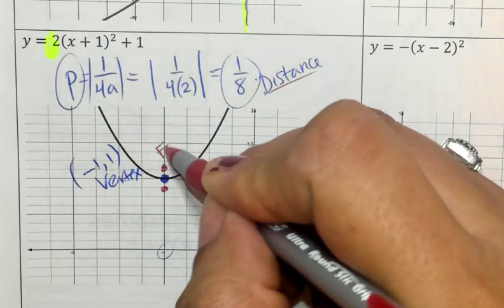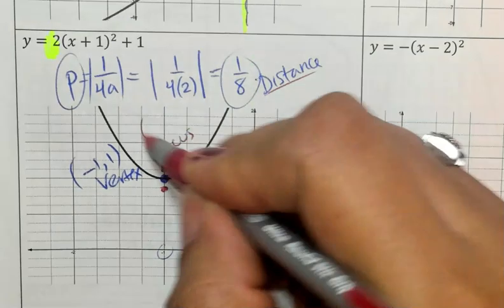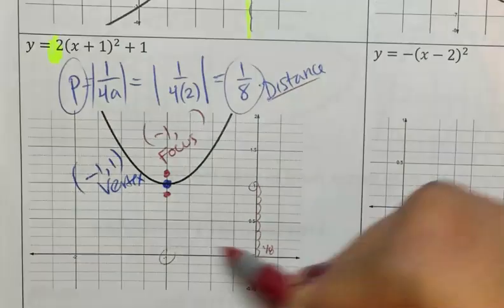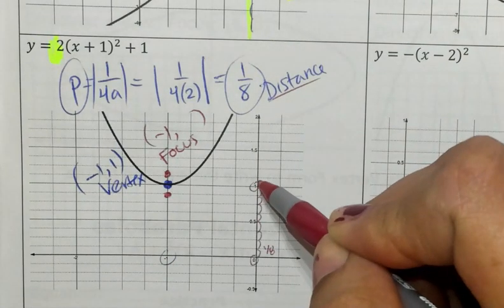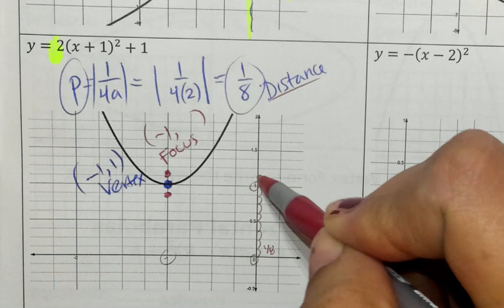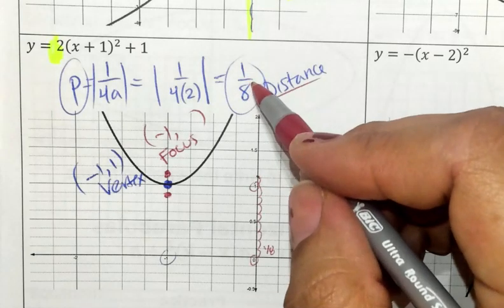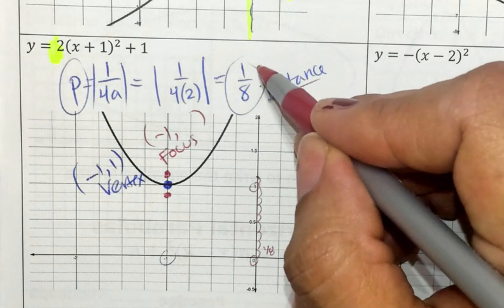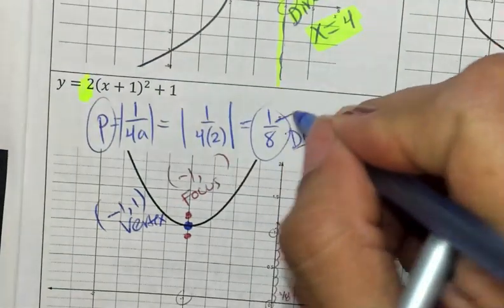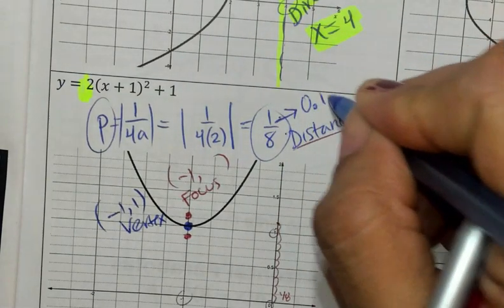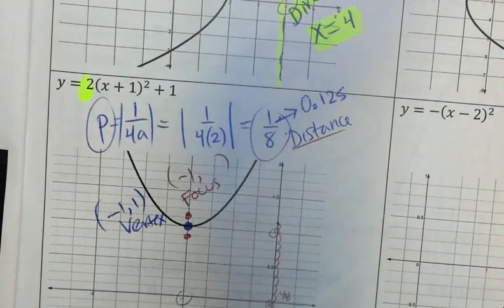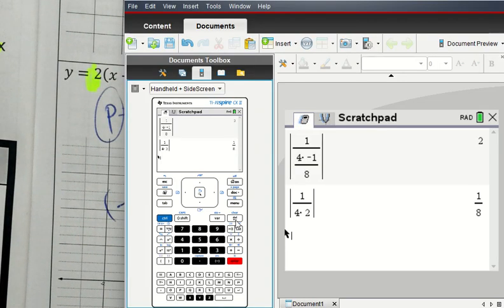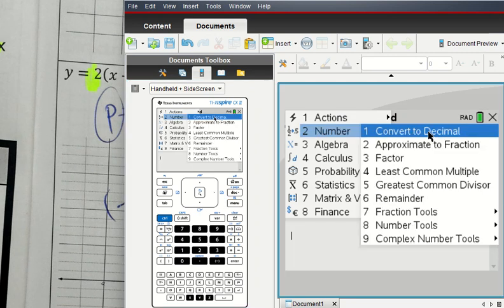So that means that the focus will be this point. Your x value is -1 and your y value is 1 plus 1/8 because it moved up 1 line. In class, we mentioned most of you don't like working with fractions, so we can convert this to a decimal, which ended up resulting in 0.125. I'll just show you that in the calculator. You can go menu, number, convert to decimal.